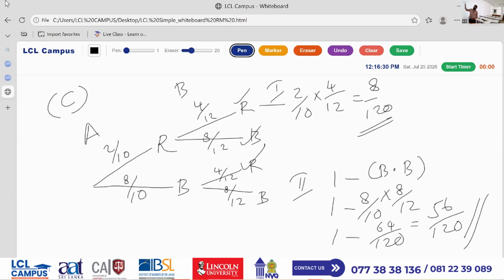If someone wants, you can add these three and check that the same answer is obtained. Let's check. Here 8 into 2, 16. Here 8 into 4, 32. Add and check: 32 and 8 is 40, 40 and 16 is 56. Okay, easy.